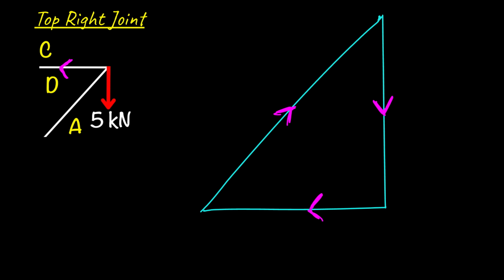So for our AD member, this arrow will be going inward, like that, to the joint. And when we measure AD, that's 11.6 centimeters. So to convert these now into forces, we'll have AD equals 5.8 kilonewtons. And we already know what CD is. So that's all of the force members calculated.